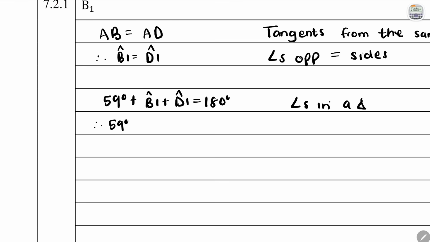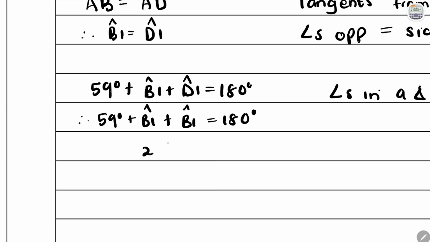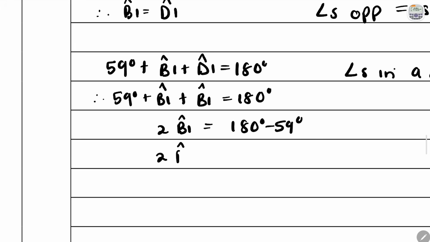So in place of angle D1, we're going to replace that with angle B1 since they are equal. So that's 59 degrees plus angle B1 plus angle B1 equals 180 degrees. So now this is 2 angle B1, it's double that. And then we'll say 180 degrees minus 59 degrees. Okay, so 2 angle B1 is finally equal to 121 degrees.